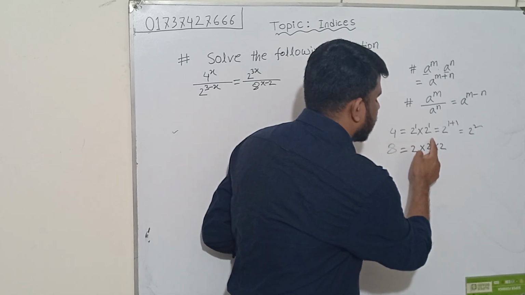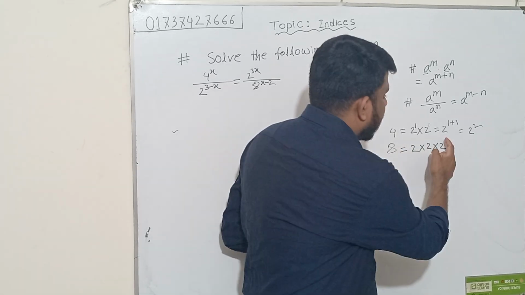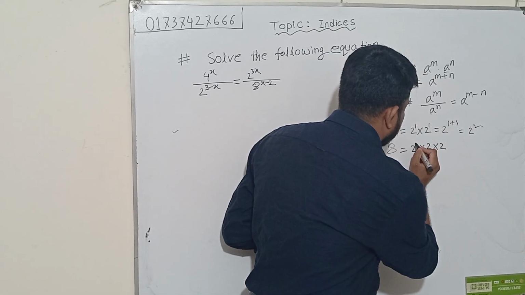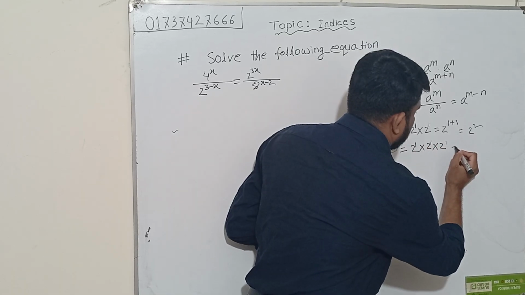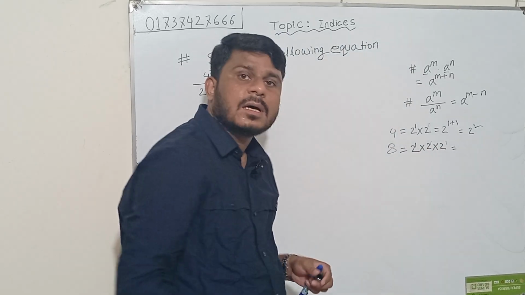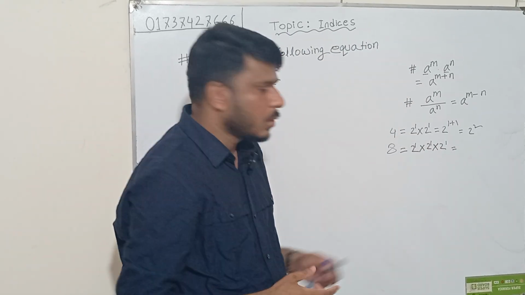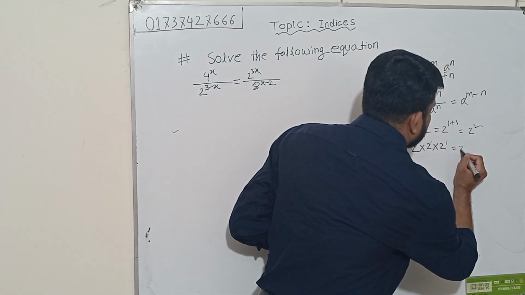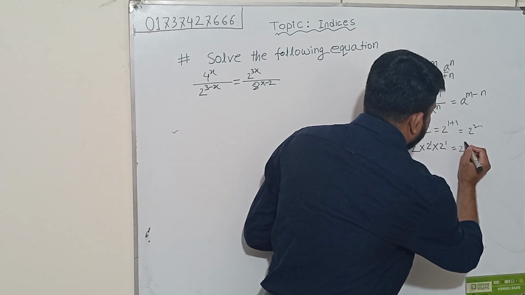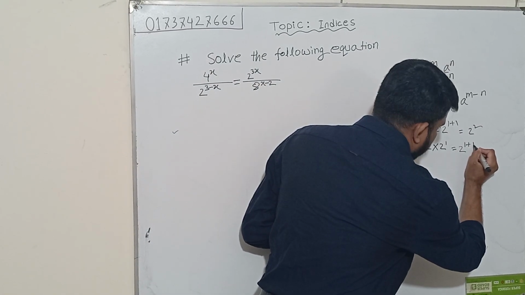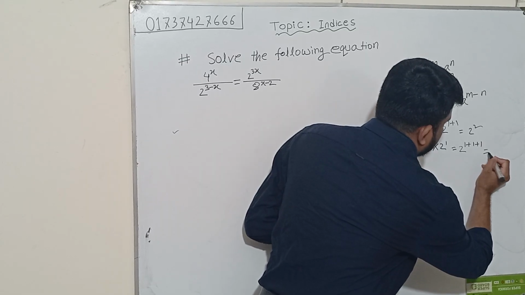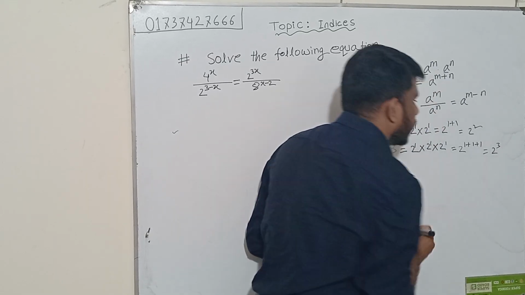Nothing means power 1 each, so we write 1, 1, 1. All the bases are the same, so we add all the powers: 1 plus 1 plus 1, that means 2 to the power 3.